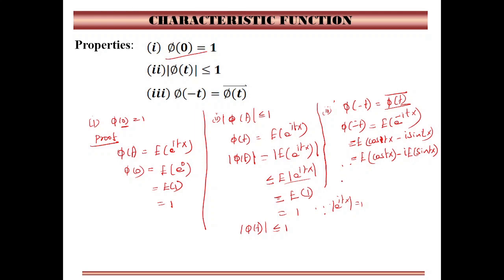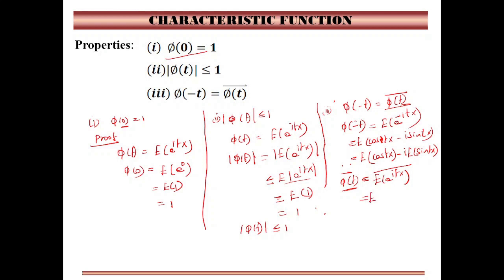Next we find phi of t bar, which is equal to, phi of t is the characteristic function, the expected value of e power itX, and the bar.